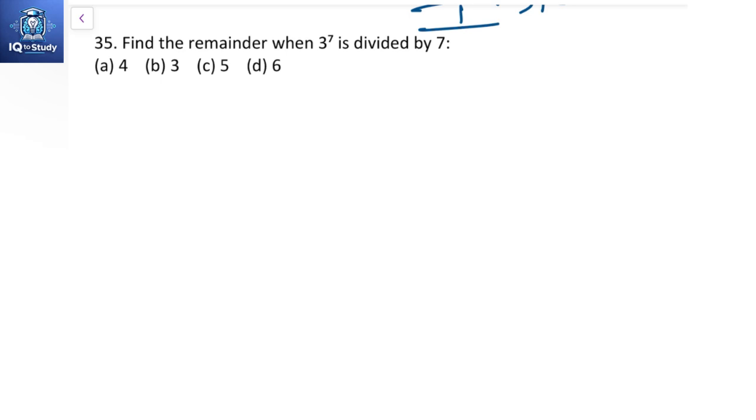Find the remainder when 3 power 10 is divided by 7. 3 power 10 is equal to 3 into 3 into 3 into 3, 10 times.